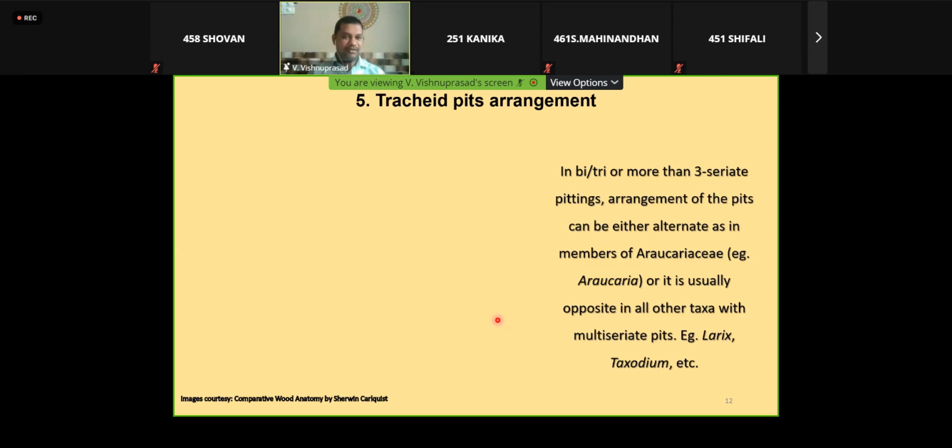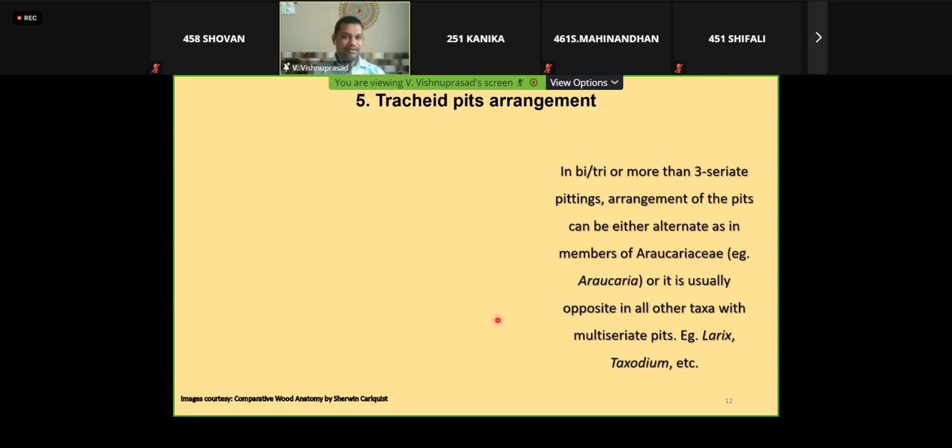So here obviously we don't take just one or two readings. When you prepare the macerated slide, there has to be a lot of tracheids measured. Approximately, it's better to take around 15 to 25 readings and then take the mean of that. So one or two tracheids going beyond the range is not an abnormal phenomenon. But when you take the mean and you arrive at a conclusion, then according to that you can say, yes, it is a short or a medium one.